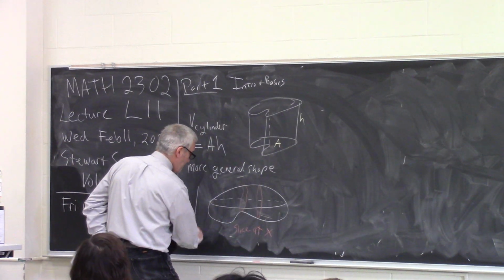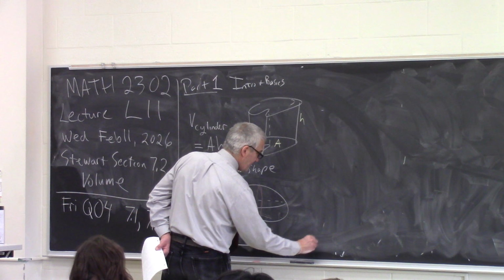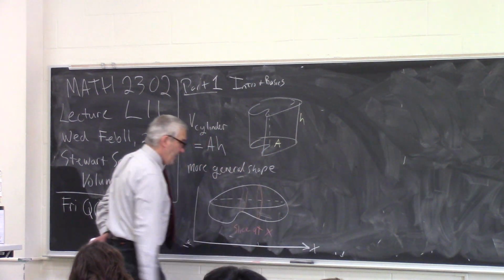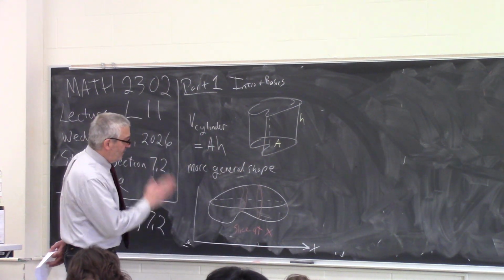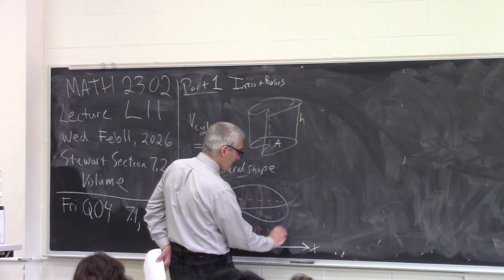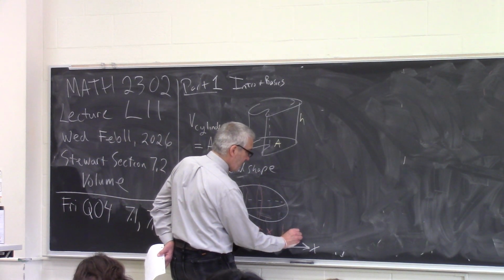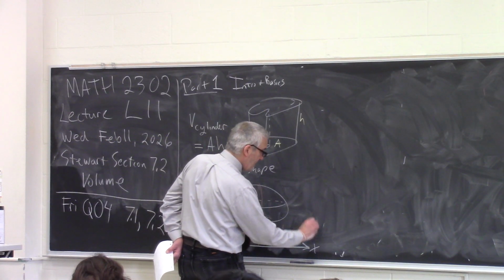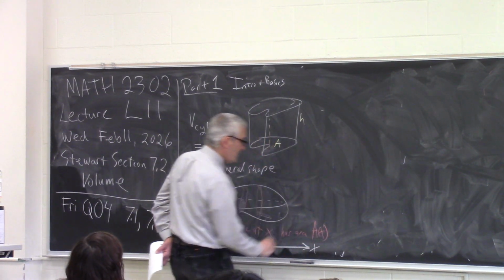So you imagine this thing floating in space, and you slice it perpendicular to the x-axis, and this slice has area that depends on x.